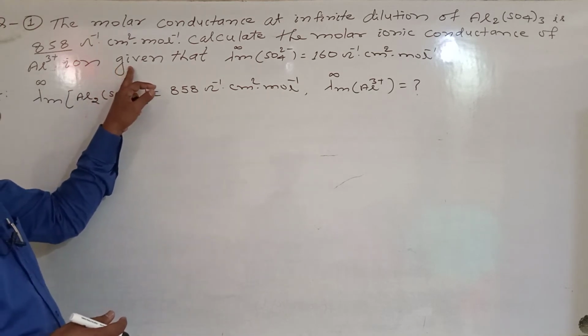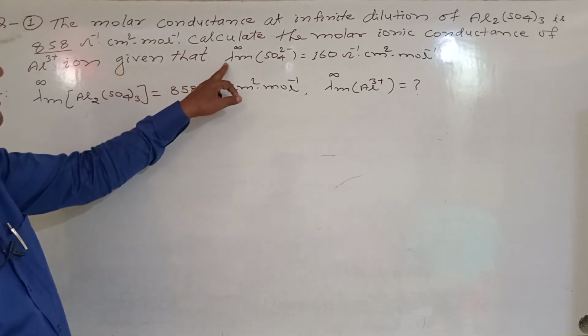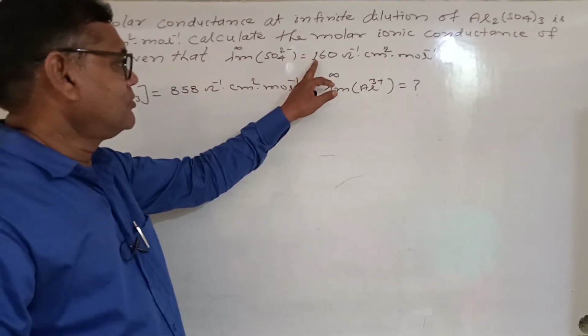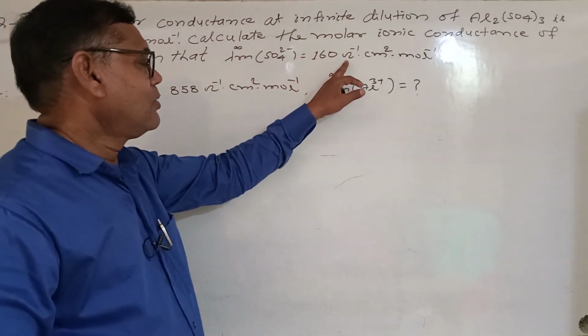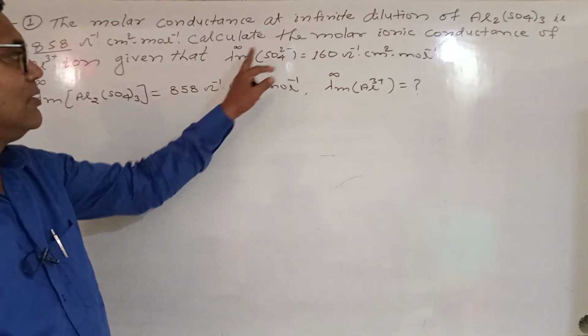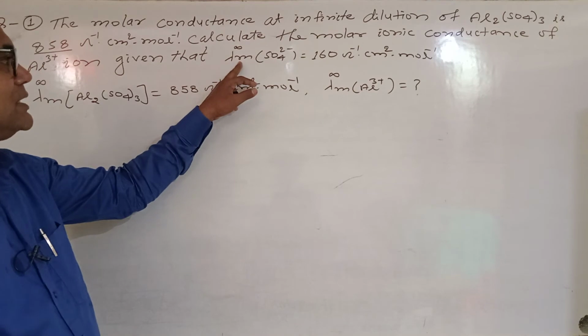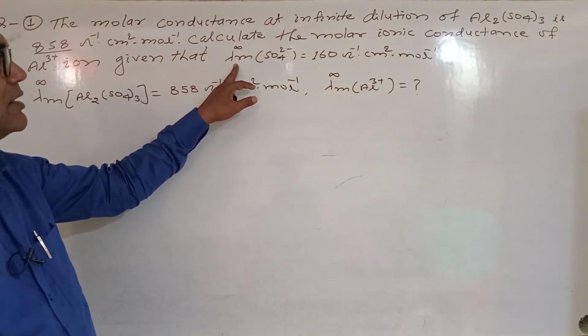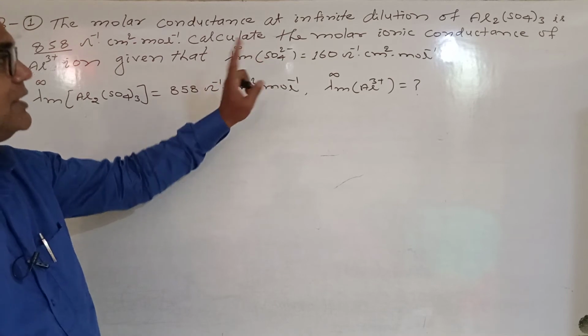Next value, given that lambda infinity m sulfate ion is equal to 160 ohm inverse cm square mole inverse. This indicates the molar ionic conductance of sulfate ion.